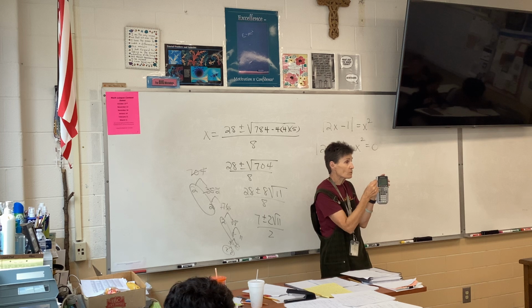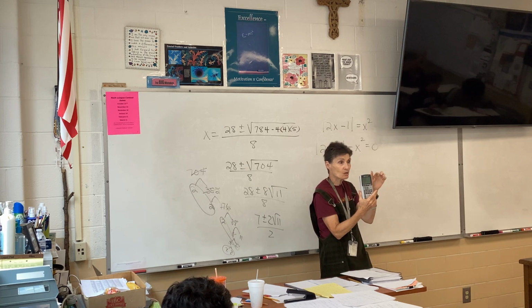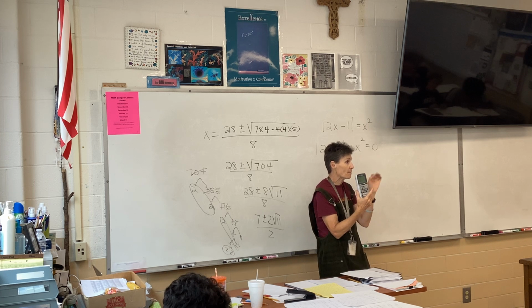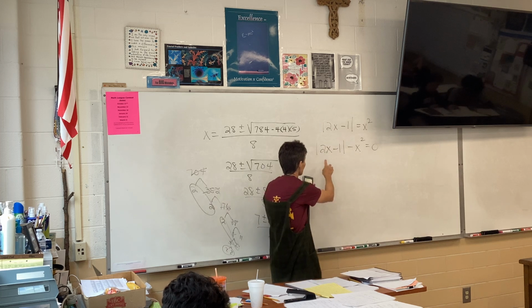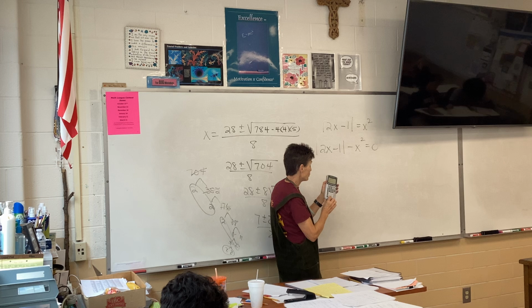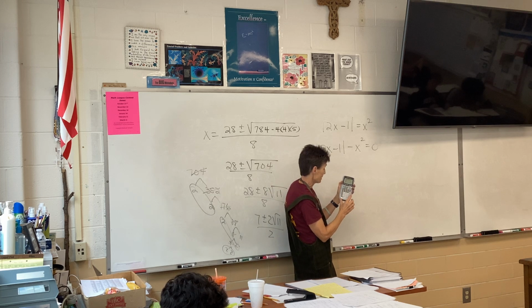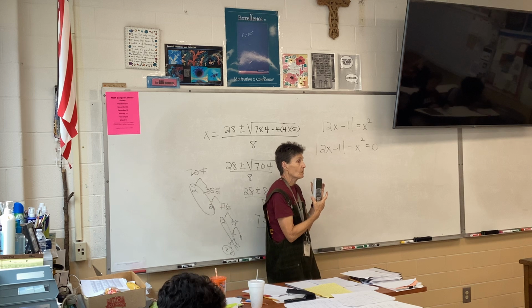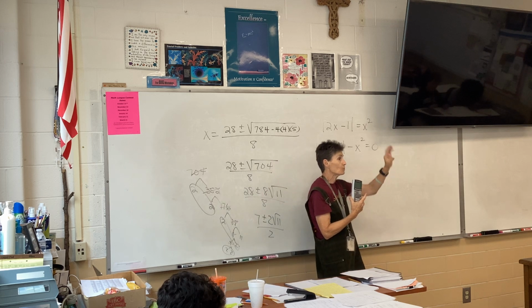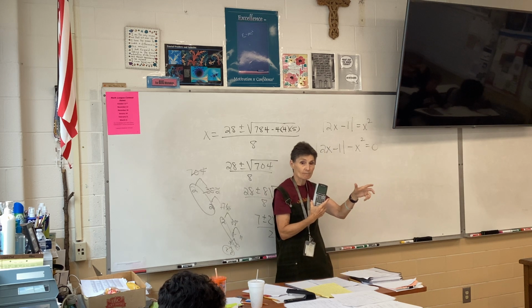And the very first option in the NUM column is absolute value. See it? So press enter. And then type in 2x minus 1 and close the parentheses. When you hit absolute value, the parentheses will come in.